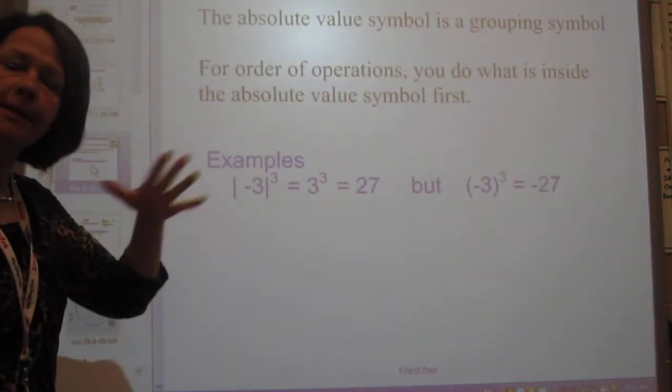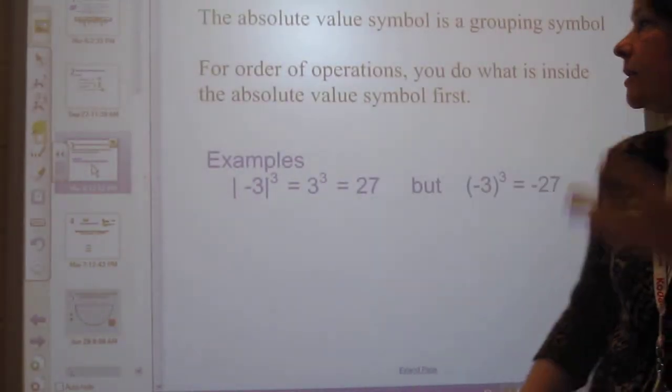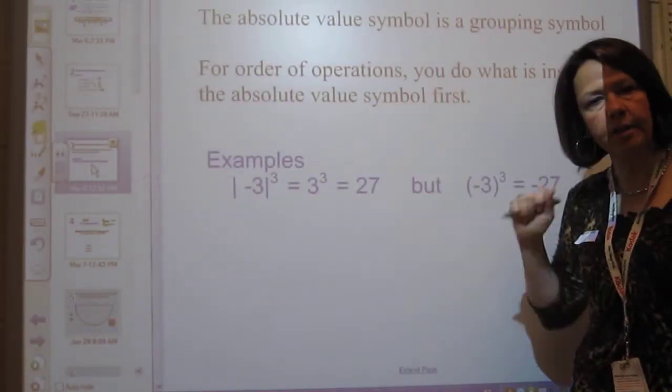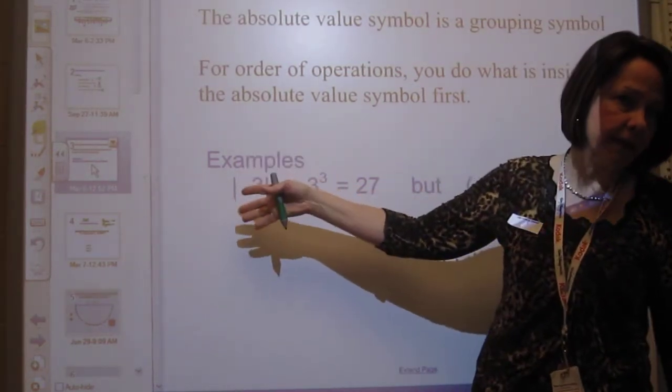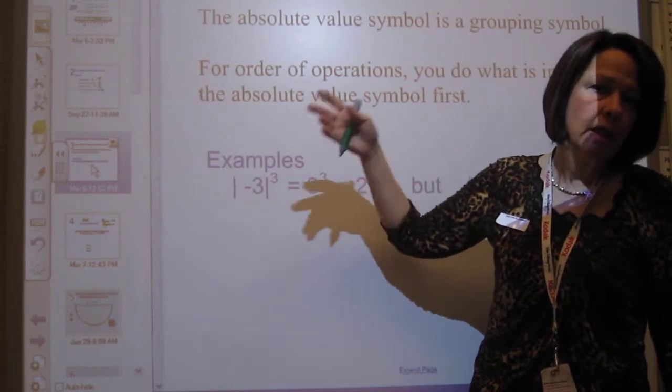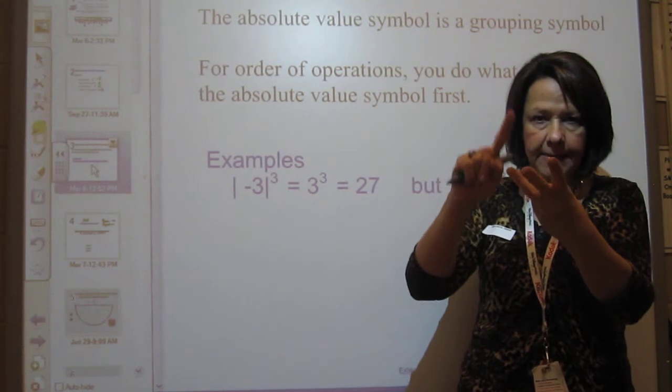The other thing to remember is that absolute value is a grouping symbol. For order of operations, you do what's inside the absolute value symbol first. So here we have this example of the absolute value of -3. We don't start saying -3 times -3 times -3.